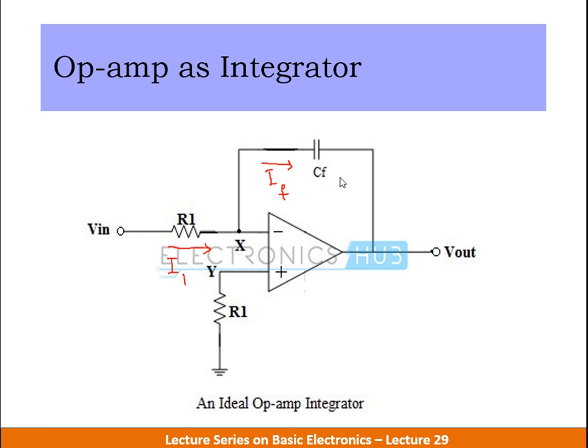That is, it is going to pass only the low frequency applied input signal, whereas high frequency input signals are completely blocked. When a low frequency input signal is applied, firstly the capacitor is not charged initially, so it offers a very little resistance and acts as a short circuit and passes to the output.